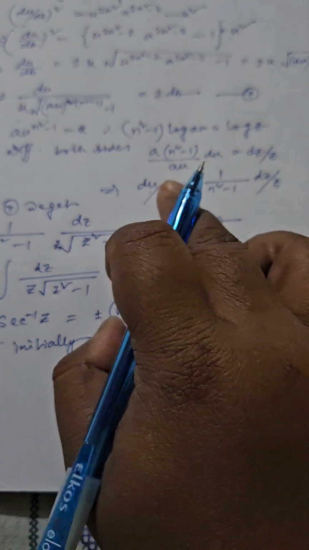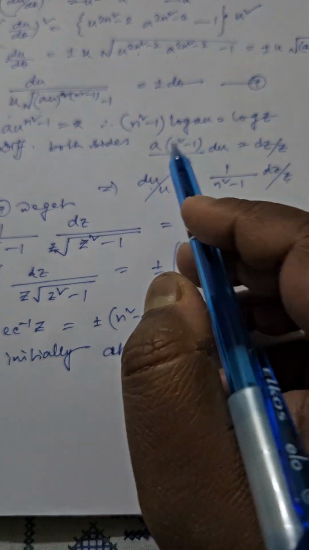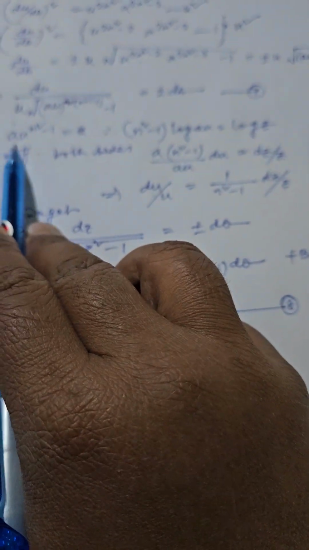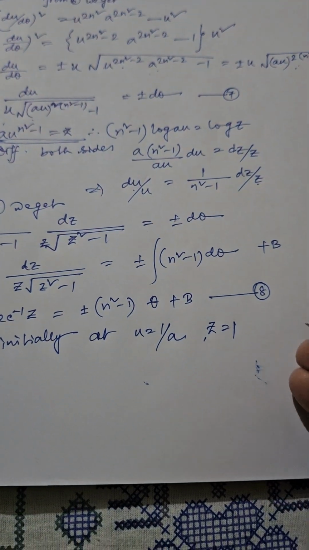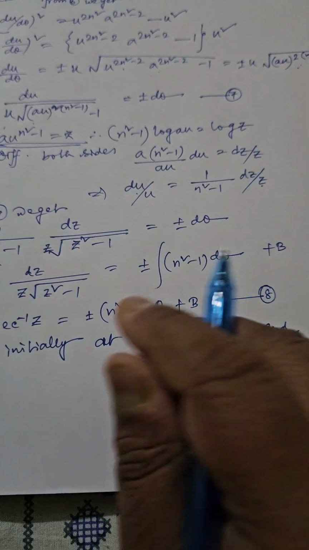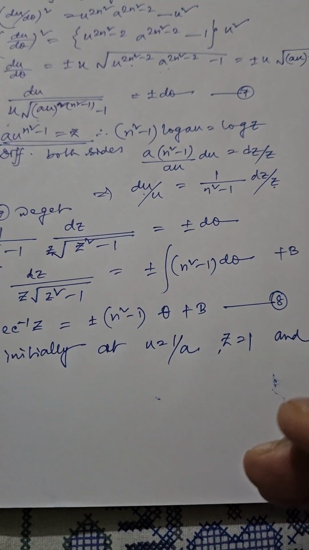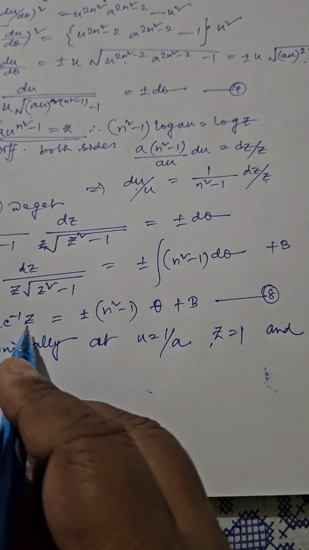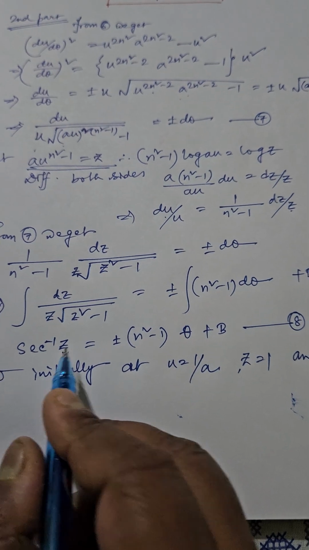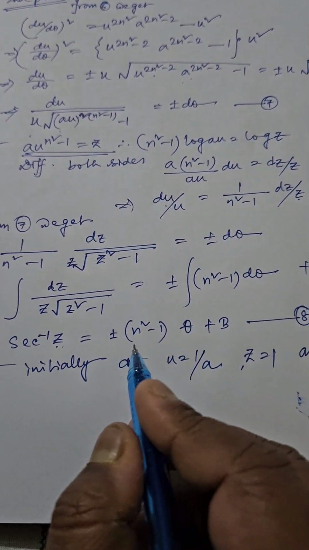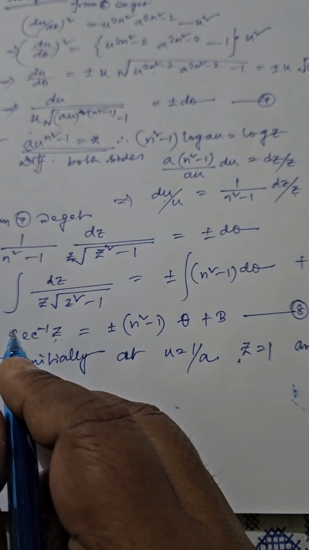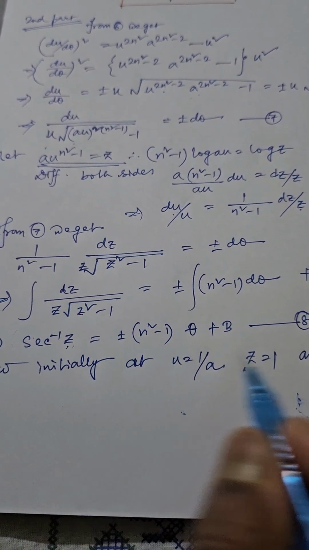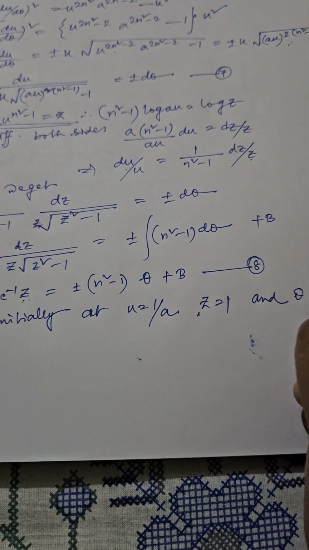If we put u is equals to 1 by a, then as per our substitution z should be, from here you can see z should be 1, and theta, next you need to find out the value of theta. So if you put z equals to 1 here, then u is equals to 1 by a, z will be 1. Put z equals to 1, accordingly theta should be equal to 0.